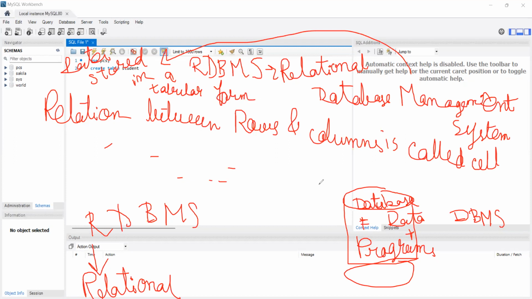So in the tabular form, when a table comes, rows come, columns come, and then the relation between rows and columns, meaning ninth row, A column, there is supposed to be a value.